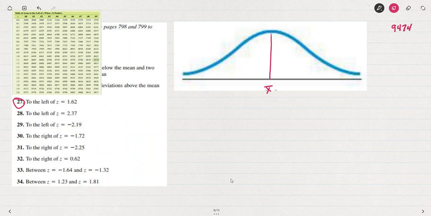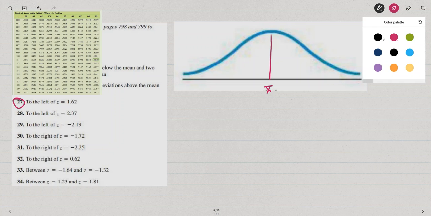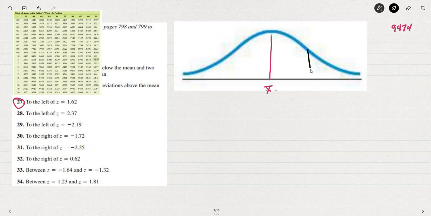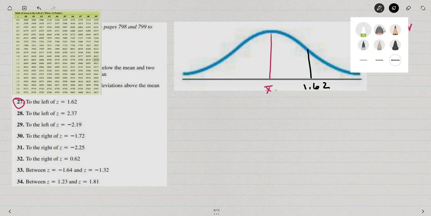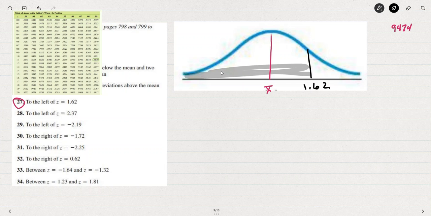Question number 27 asks us to find the probability or the area to the left of z equals 1.62. I am every single time going to start with a sketch so that I can fully see what I'm looking for. So here we are to the left of 1.62.